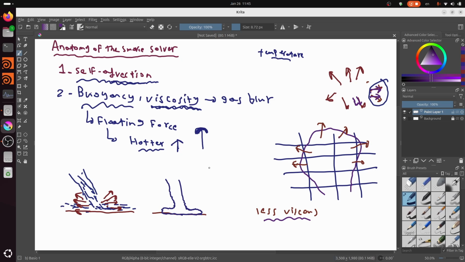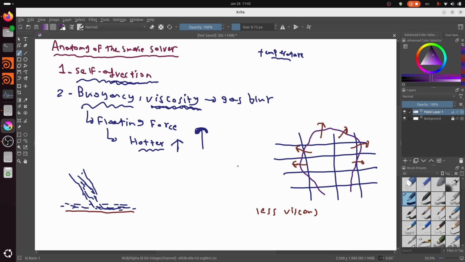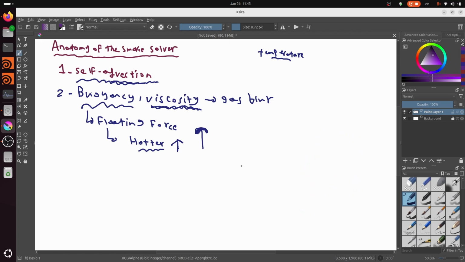I know that this thing here is hard to understand, but blurring is just reducing your velocity strength, and sort of reducing the difference between the velocity vectors in the different voxels to reach the viscous effect.